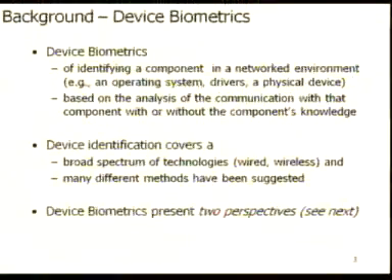So what are device biometrics? We are trying to identify a component in a networked environment. It can be an operating system, it can be a driver, it can be a physical device itself, actually a device that emits some kind of information. Usually we try to build some kind of device signatures based on the analysis of the communication with that component or device, with or without the component's knowledge.